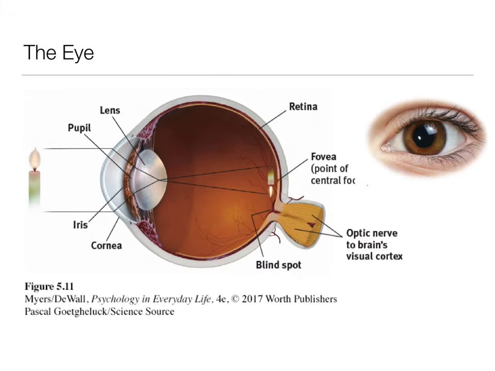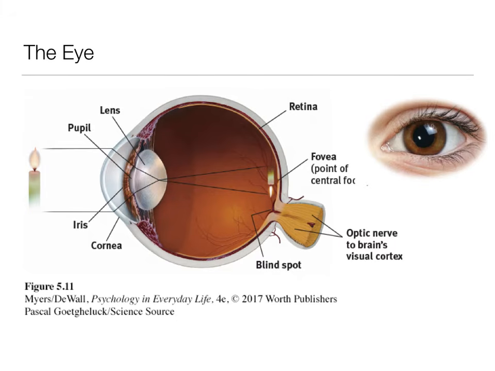Now, where this information leaves your eye and goes to your brain is through the optic nerve. The optic nerve is basically just a big bundle of axons, some other kinds of cells, but primarily it's just transmitting that information to different parts of the brain. Because these are axons and not photoreceptors, where that information leaves the back of the eye is your blind spot.